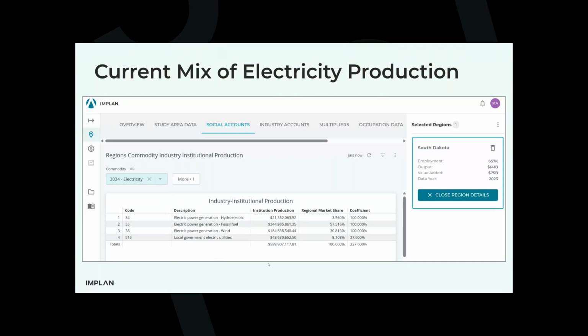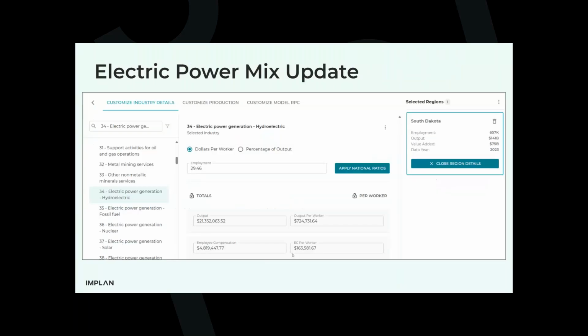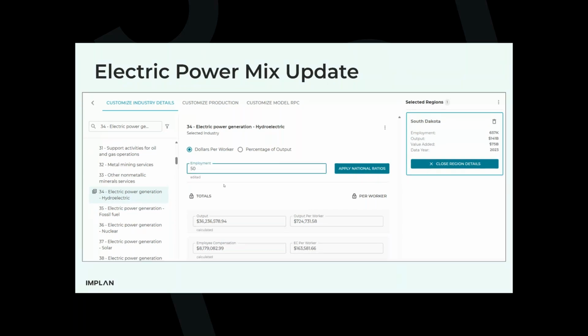If we go into the customization of South Dakota, we can see that for electric power generation, for hydroelectric, there are just about 30 jobs in that industry in South Dakota in the underlying data. But if we continue to rev up output of that type of energy, let's imagine that employment jumps to 50. Our output is going to jump up in relation to that increase in employment to give us a new level of production of hydroelectric power.